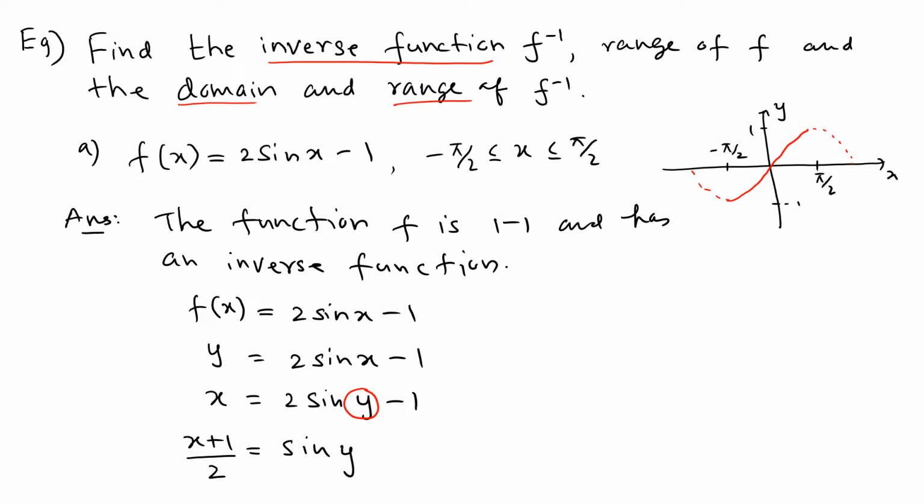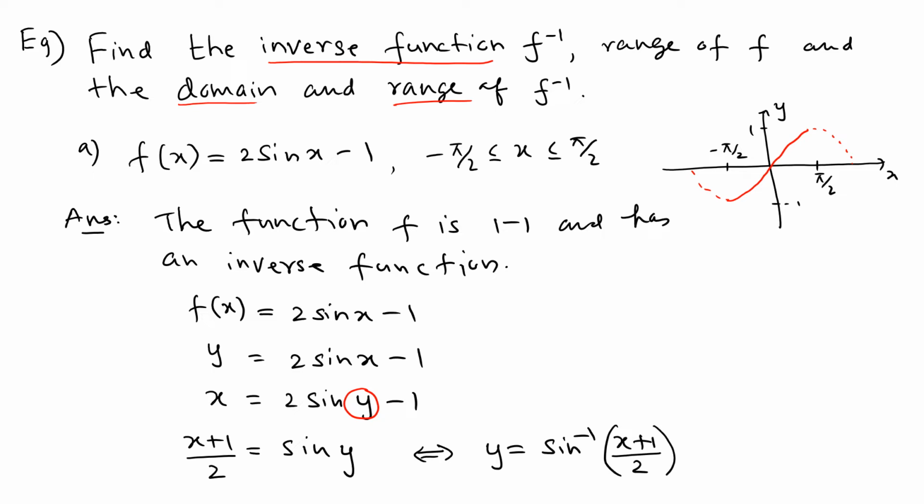Now we can look at the definition. If we have x equals sine y, we can write this with the inverse, because this is the implicit definition of the inverse function. So this is if and only if y equals sine inverse x. In this case, not just x, but x plus 1 over 2.